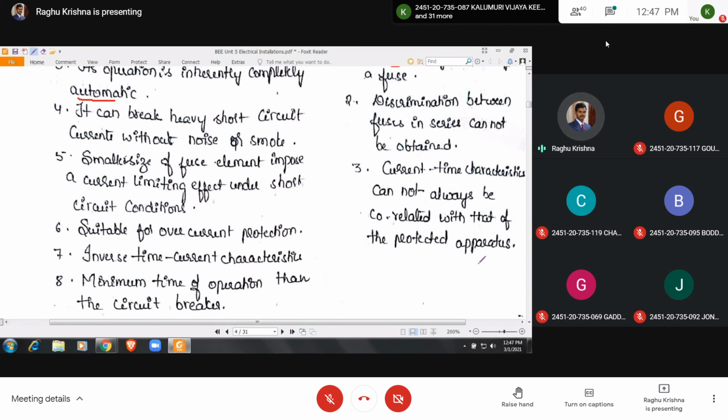So time current characteristics will be there, but they cannot be correlated with that of a protected apparatus. Suppose we want to protect an equipment, that equipment is the protected apparatus. So the correlation cannot be obtained.